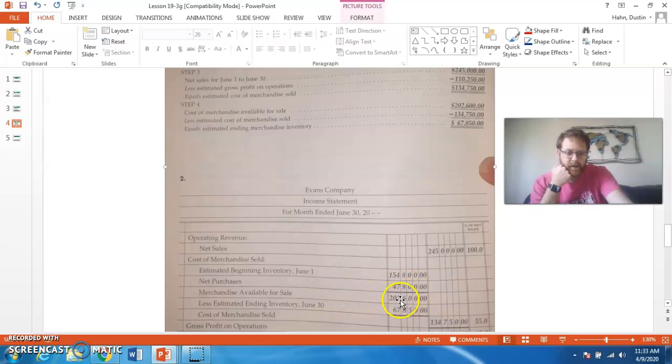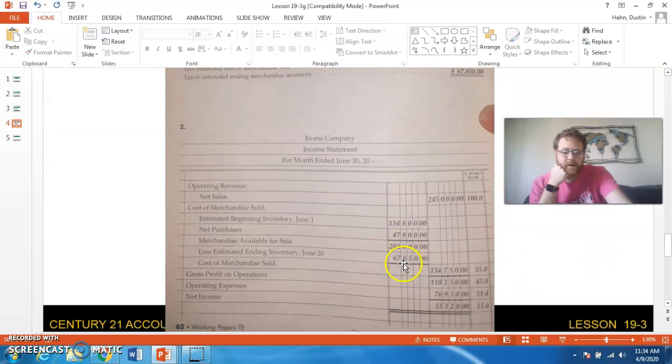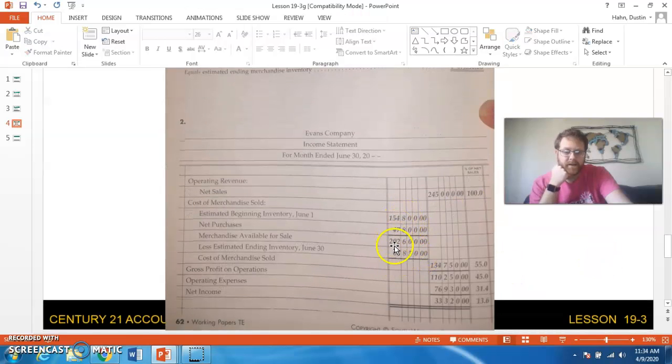So these two numbers added up is your 202.6. Now we want to subtract the ending inventory of June 30th, which is your 67,850. So right here's your estimated ending merchandise inventory of 67,850. Right there is that 67,850. Now that we are done with these numbers, we need to find your subtotal.